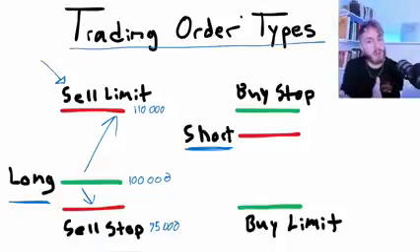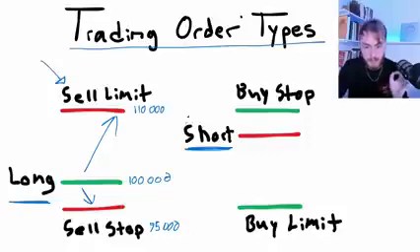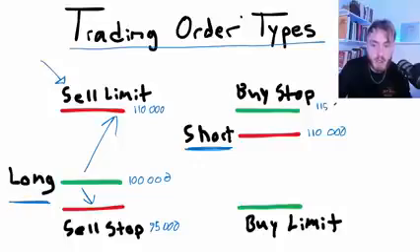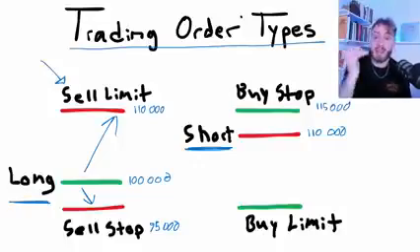But how does it work when you go short? Well, let's say that you go short here at Bitcoin at, let's say this is 110,000. Remember here that the stop loss is always at a worse price. And when you go short, the price is worse when it's higher.